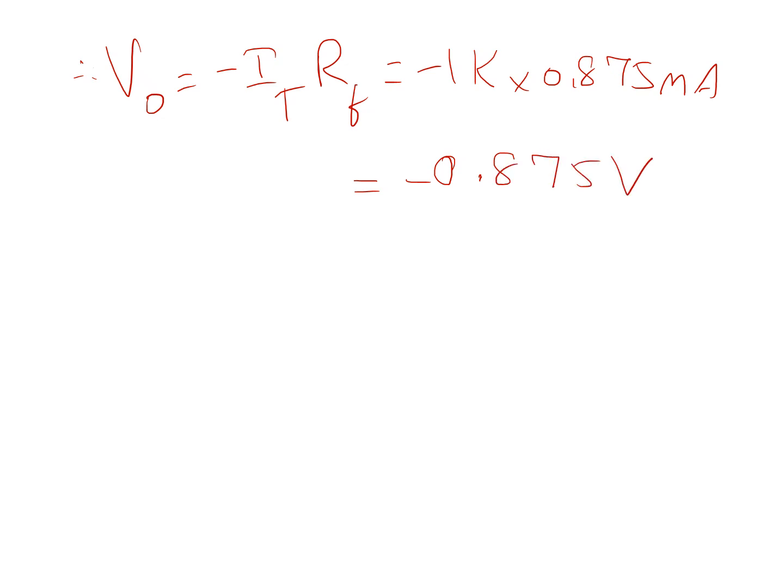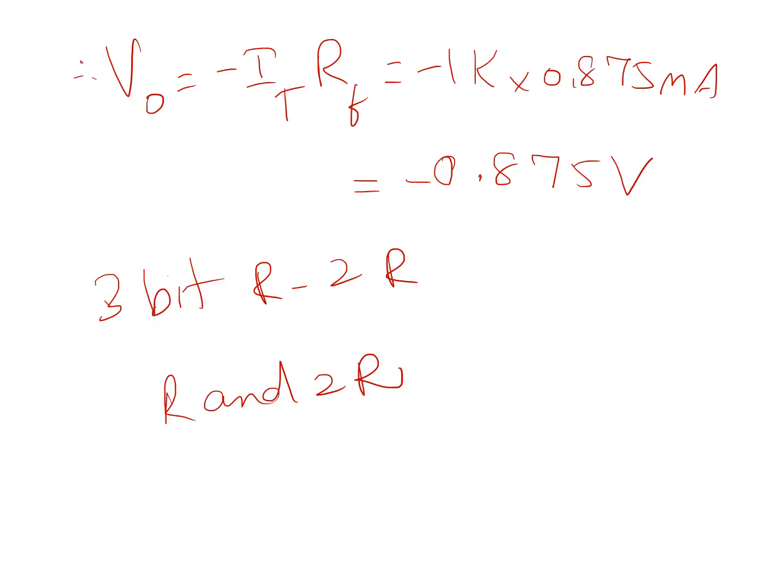This is the output voltage for the given value of a 3-bit DAC R to 2R. So the advantage of this is that only two resistor values, R and 2R, are involved in the circuit, and it does not require high precision resistors.